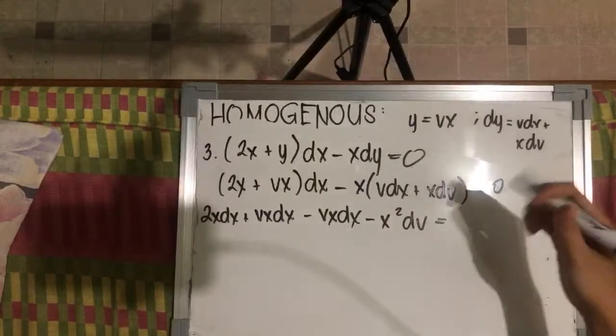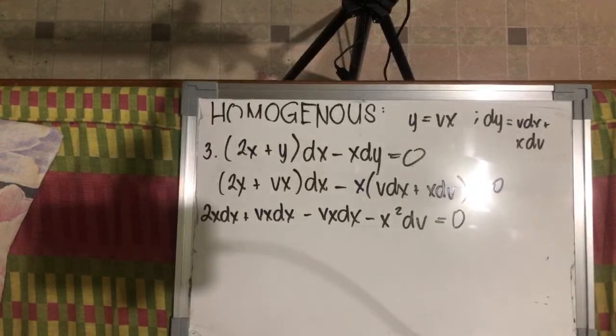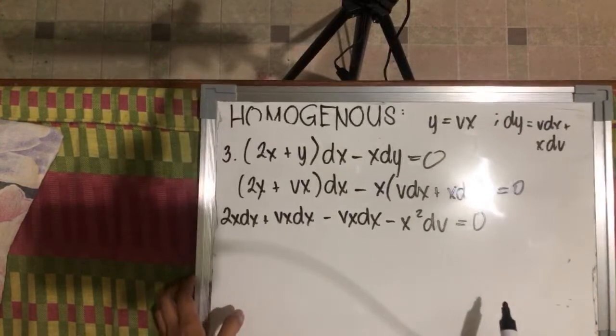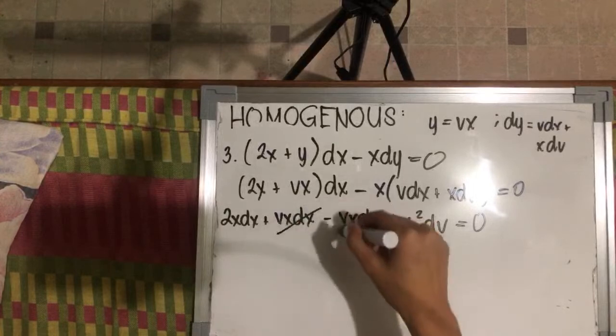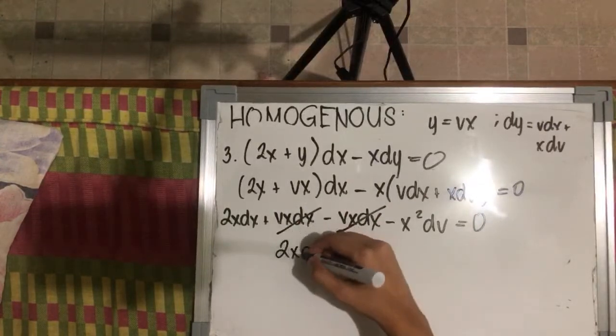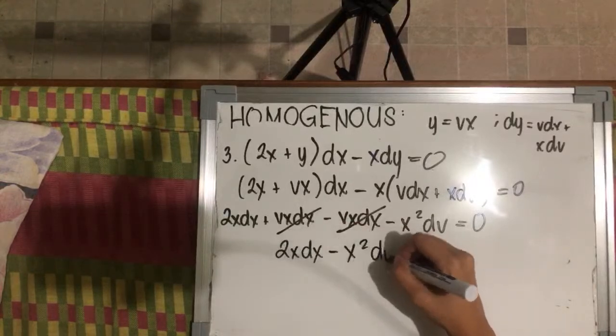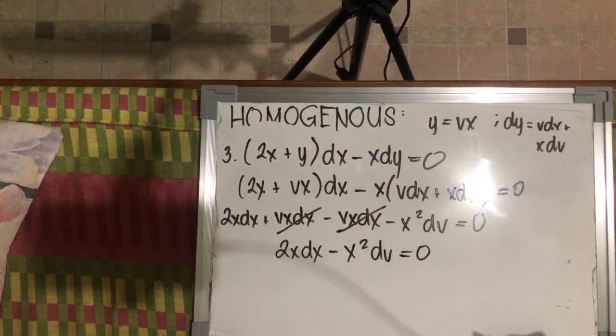So, itutuloy ko na lang. Is equal to 0. So, ito, magka-cancel to. So, magiging 2x dx minus x squared dv is equal to 0.